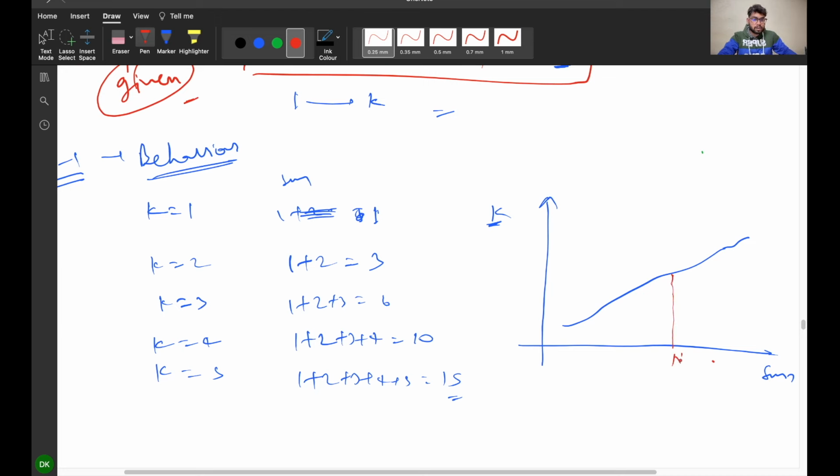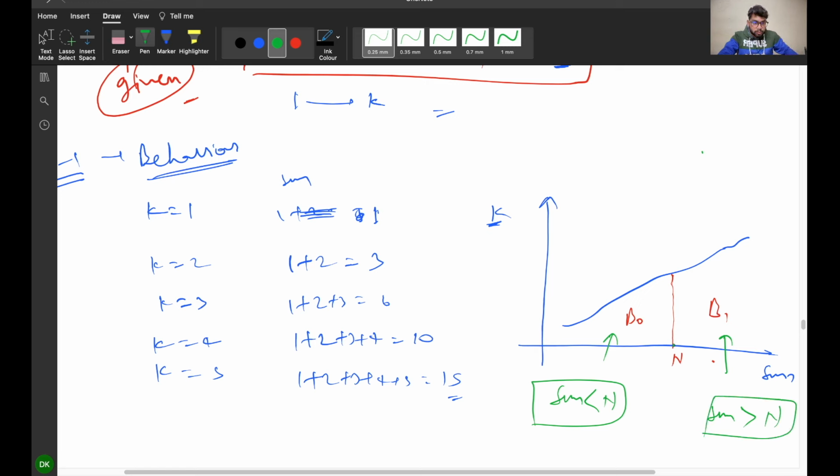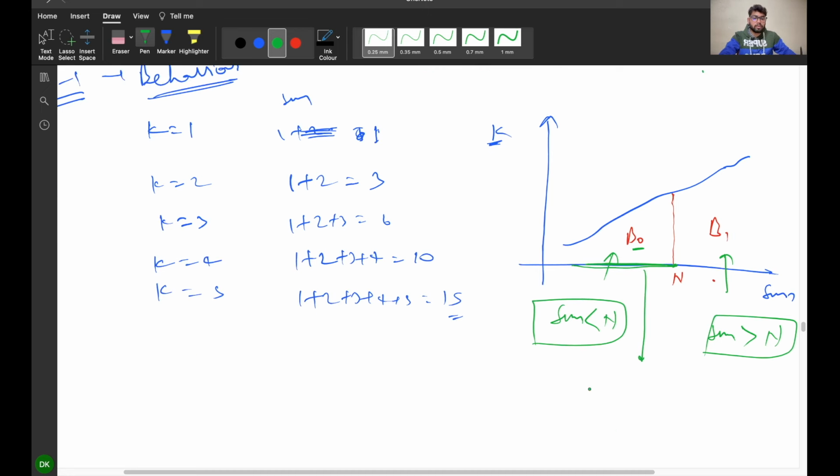So this is the region where sum is less than n, and this is the region where my sum is greater than n, and at this point my sum is equal to n. So if I include this point in the region, then the overall region becomes sum is less than or equal to n.